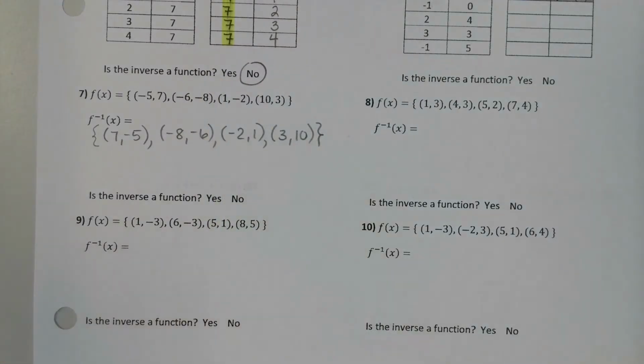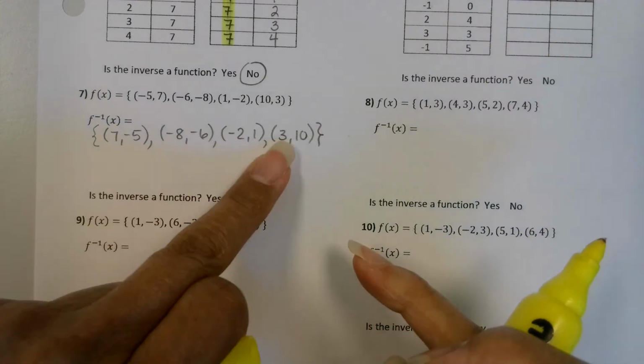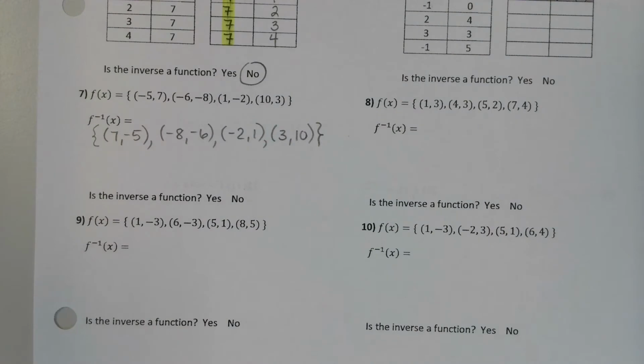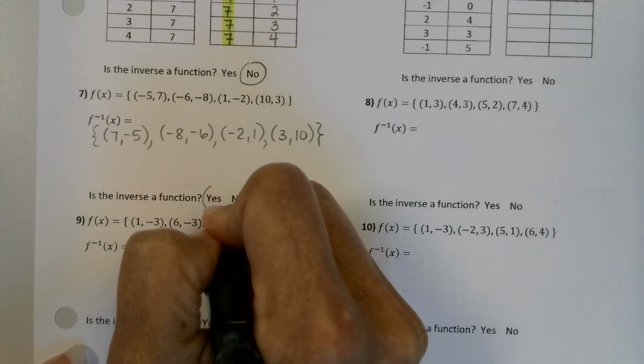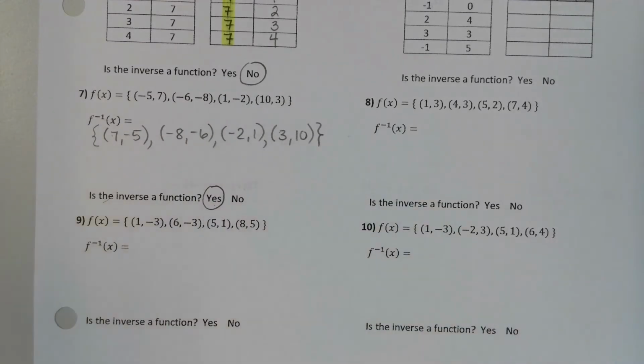You will look just like you did in Unit 1 to see if it's a function. Well, we look at our x values and there's no repetition going on. So in this case, our inverse, f inverse of x, is a function.